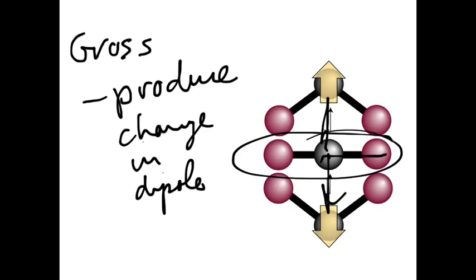So if in this particular case you got no dipole and there you vibrate such that now your dipoles are going to add or subtract to each other, you will be changing the dipole moment of your molecule, and this would produce then a vibrational spectrum in the infrared, which is where we're going to look for our vibrations. Okay, so that's the gross selection rule.